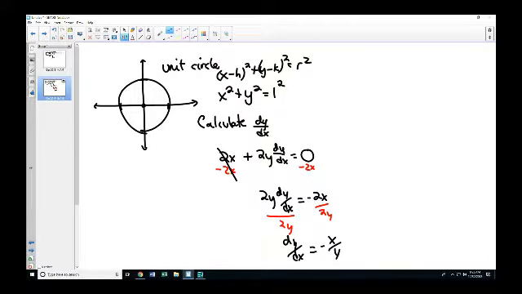So just a very minor adjustment to what you've been doing already. You could be asked for the slope of the tangent line at, say, (1, 0).